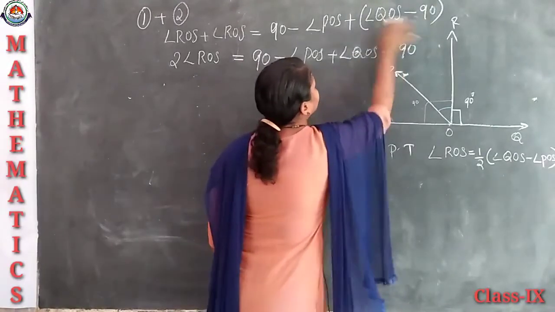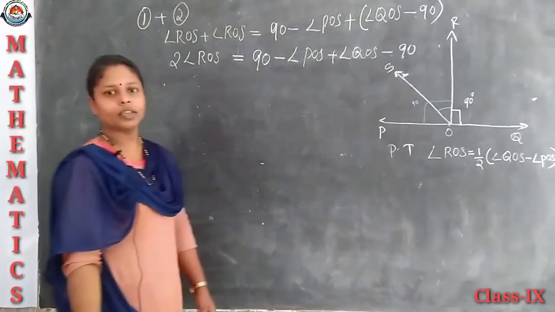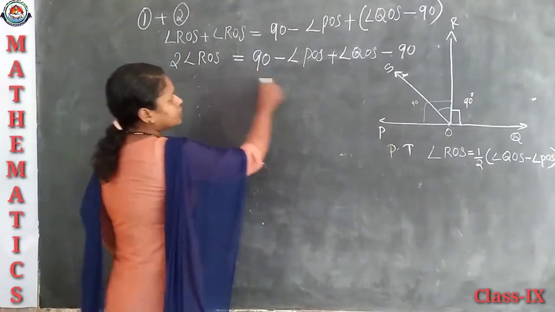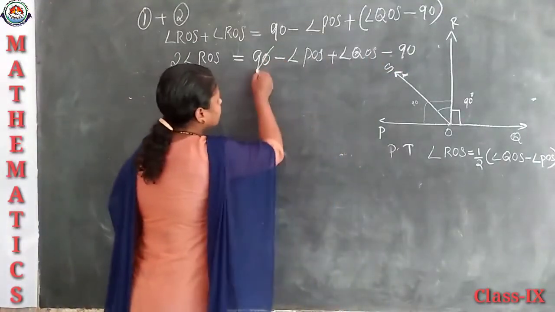We just removed this bracket. Then 90 minus 90, we can remove that.